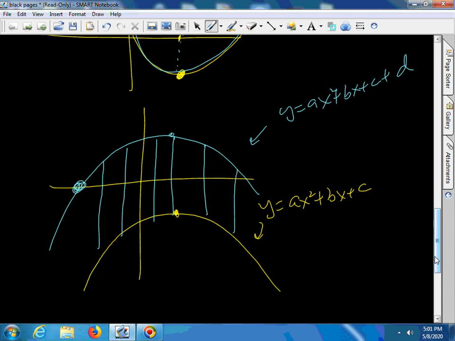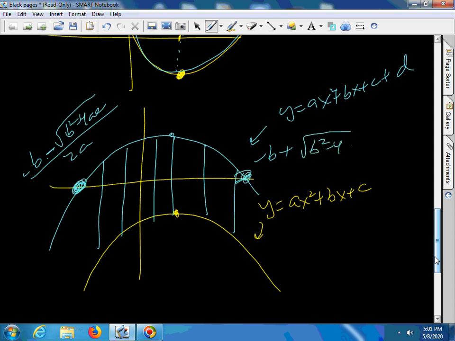Well, we have that root, which is negative b plus the square root of b squared minus 4ac over 2a. And this root, which is negative b minus the square root; this one is the minus. This number is less than that number. We have negative b plus, to make it bigger, the square root of b squared minus 4ac over 2a.